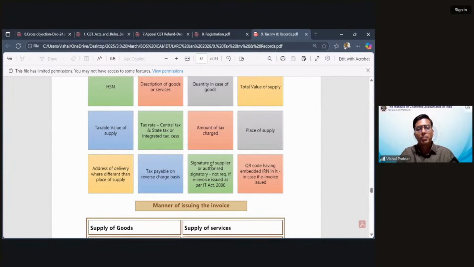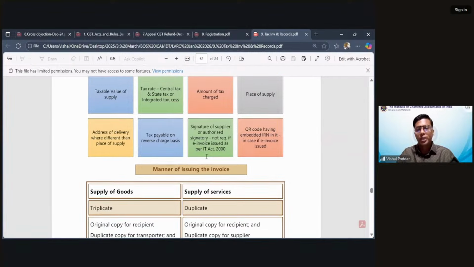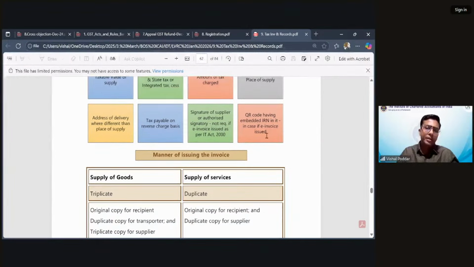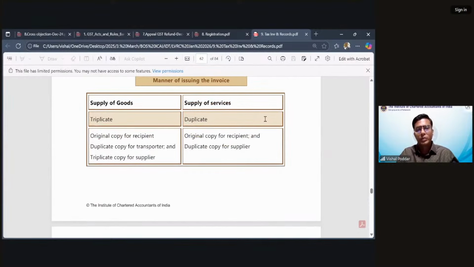Signature of the supplier or the authorized signatory, and this may not be required if the invoice is an e-invoice, where it is specifically excluded by the Information Technology Act. And QR code having the embedded IRN. This is applicable wherever e-invoicing is made compulsory. Now, how does this invoice have to be issued?